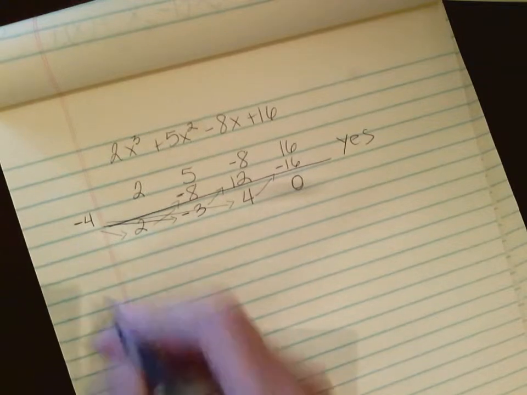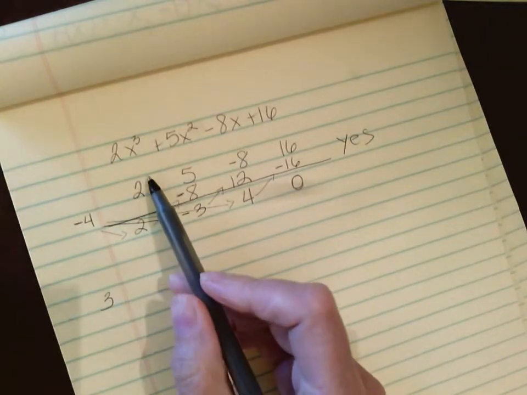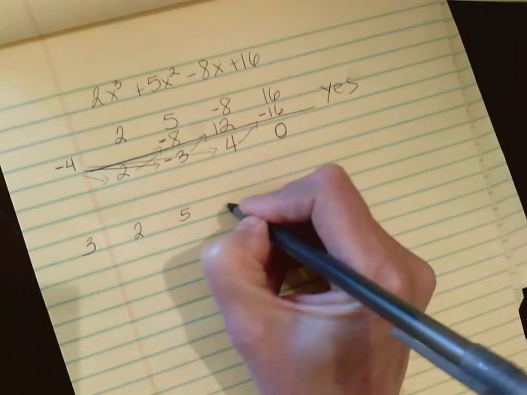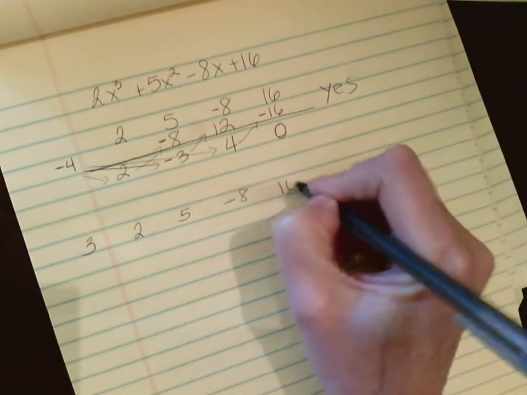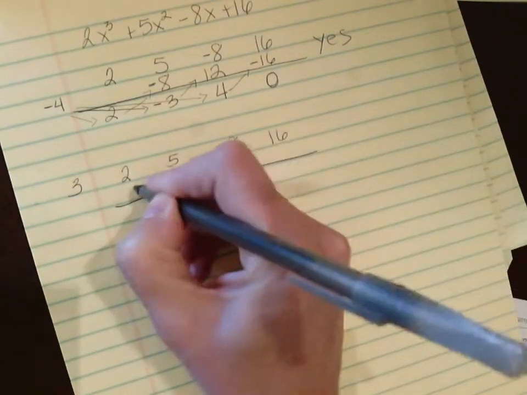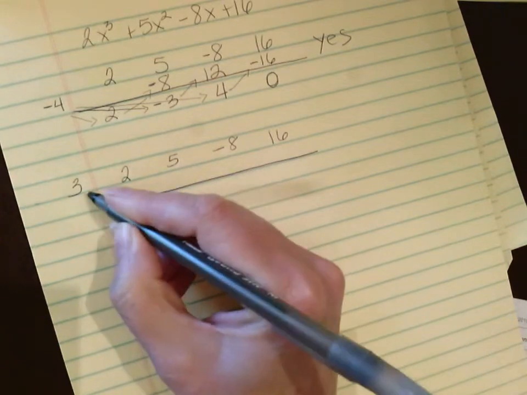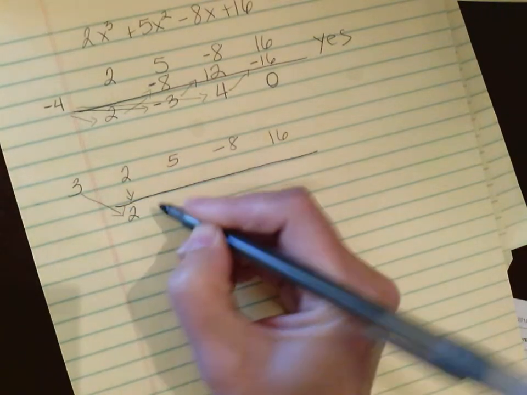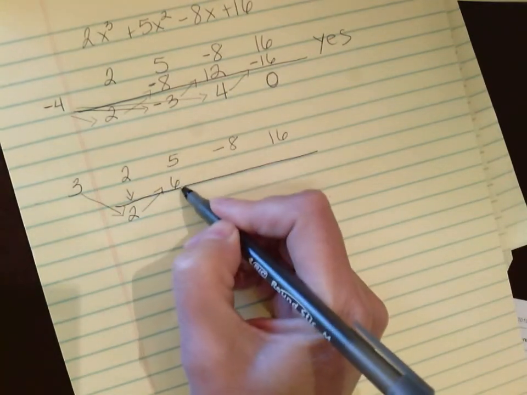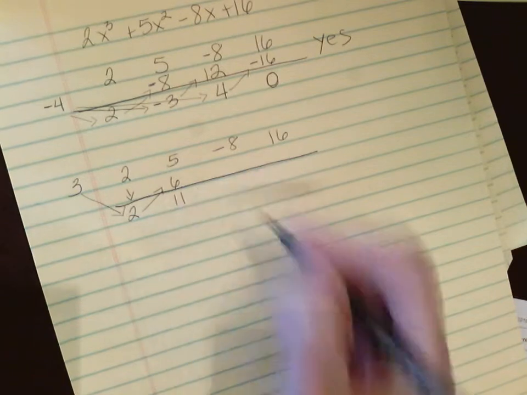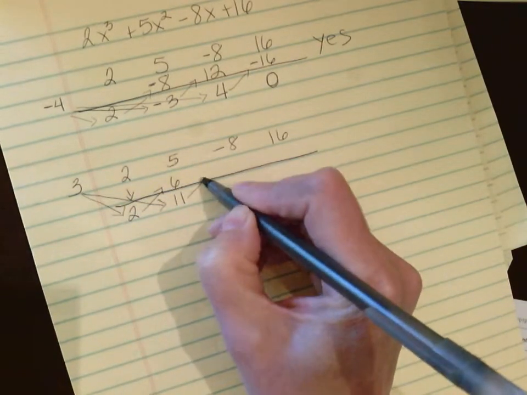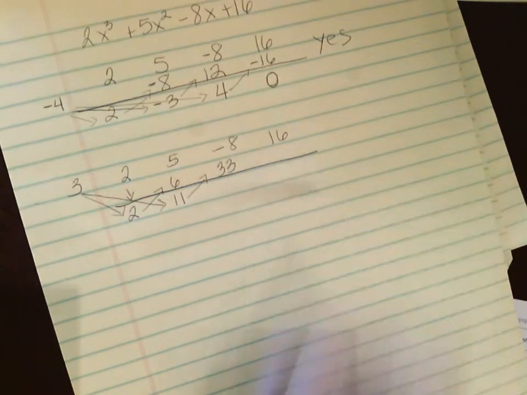So now it wants me to check positive 3. Same function, so I'm going to use these same 4 numbers. I have 2, 5, negative 8, and positive 16. I'll drop down the 2 and start the multiplication process. 3 times 2 gives me positive 6. Add these down. 5 and 6 gives me 11. So now 3 times 11 gives me positive 33.